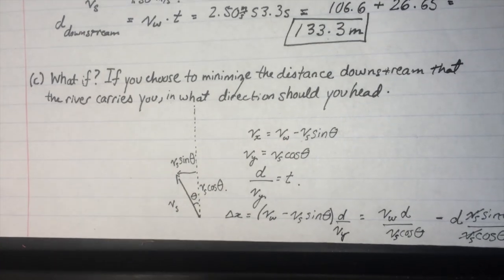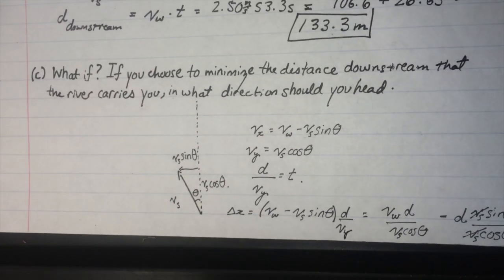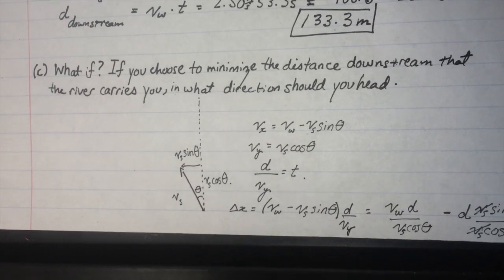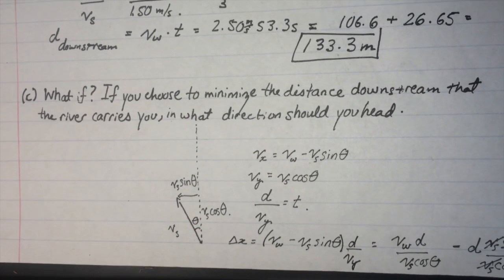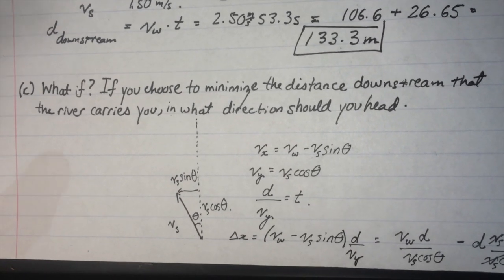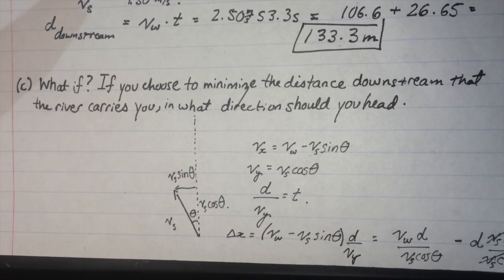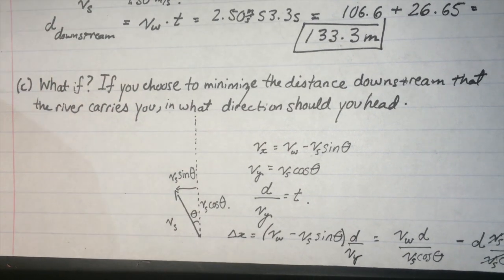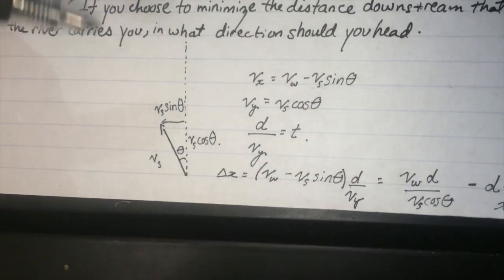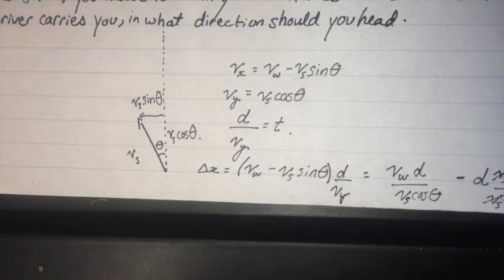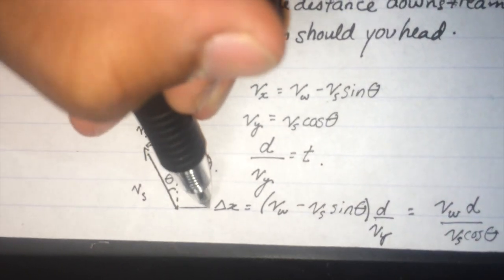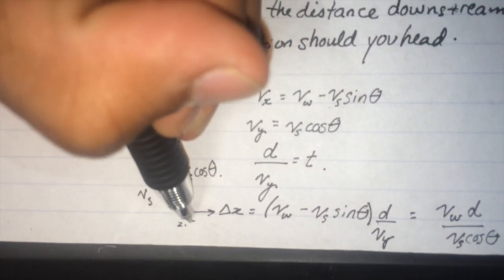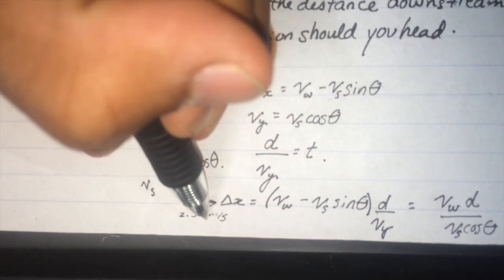So we're continuing problem 70 from chapter 4 in this part C. It says, what if? In this problem, they want to say, if you choose to minimize the distance downstream that the river carries you, in what direction should you head? So here's a quick diagram. We have our current, which is moving this way, and that's 2.50 meters per second. We'll take a look at that later.